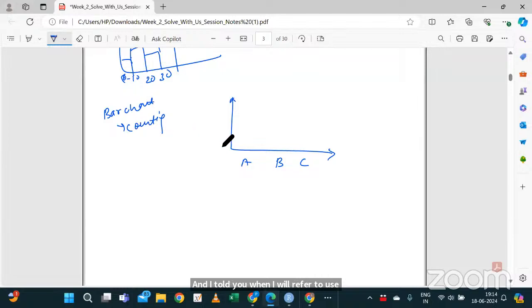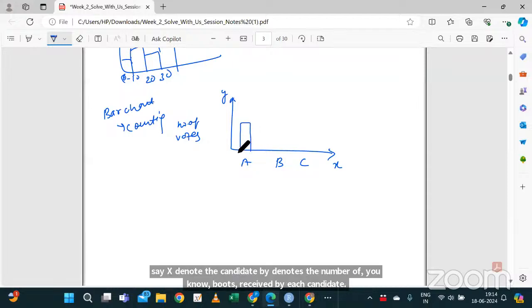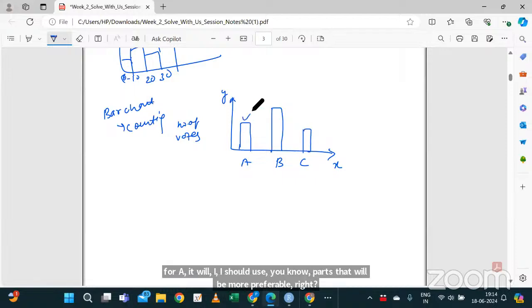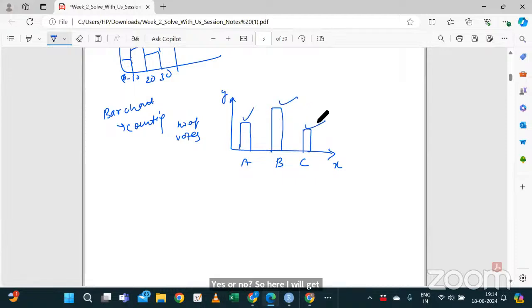Here X denotes the candidate, Y denotes the number of votes received by each candidate, so a bar chart will be more preferable. Here I will get the count of votes received by each candidate.